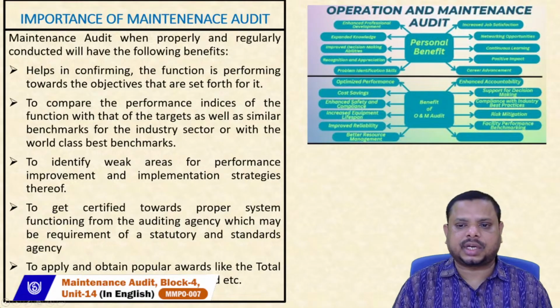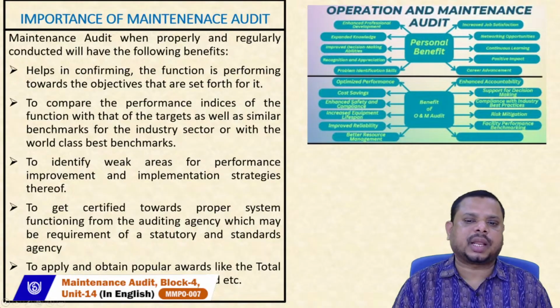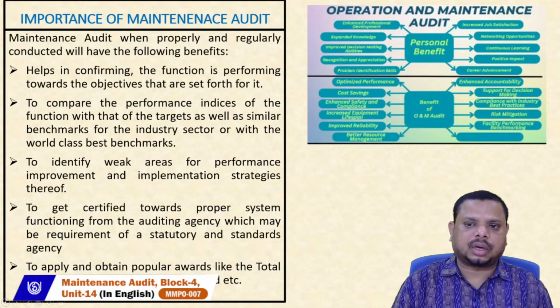ISO 9000 is dedicated to the quality of products or services. ISO 14000 is for the environmental management system, and ISO 18000 is for the occupational health and safety standard of employees. If you combine all three standards, it forms Total Productive Maintenance, shortly known as the TPM award.